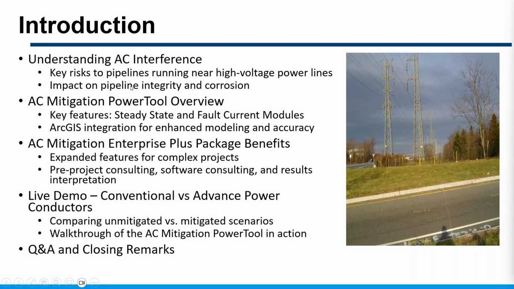So understanding AC, the key risk is running near high voltage power lines. We already have a problem, and then they're going to use these advanced conductors and increase the power up to 3 to 4 times what they're doing now, without changing the towers and all the other stuff.